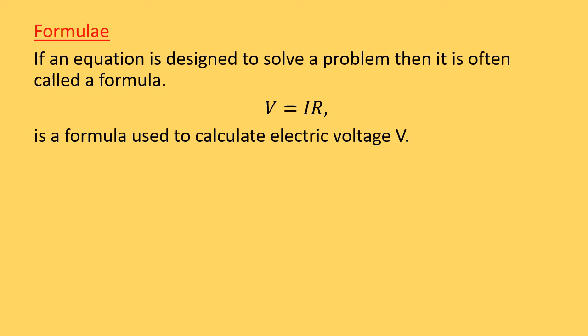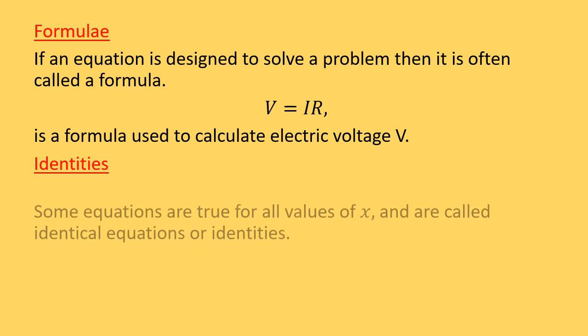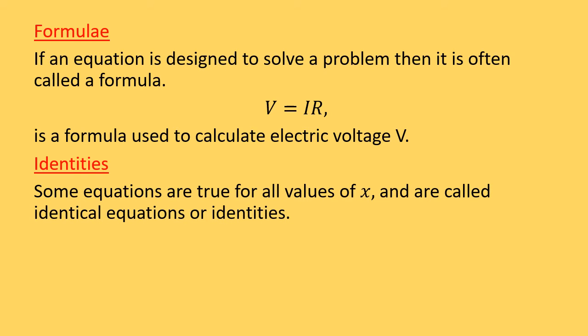Let's move to identities. You can think of equations as statements that are true for some values of the quantities involved and false for others. Some equations are true for all values of x and are called identical equations or identities.